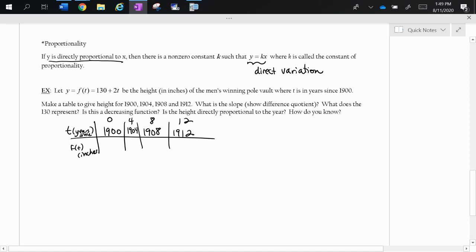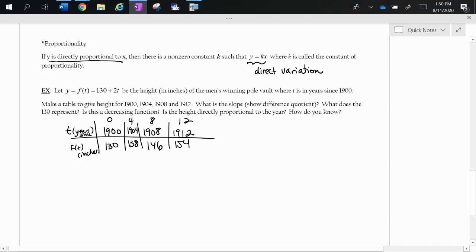So if I plug in 0 into my equation, 130 plus 2 times 0 would be 130. 130 plus 2 times 4, that would be 138. 130 plus 2 times 8 would be 146. And 130 plus 2 times 12 would be 154. Okay, so that's the first thing.